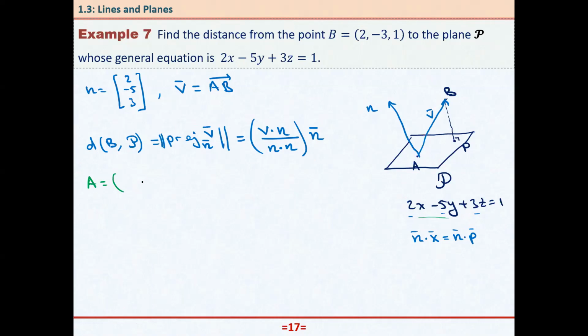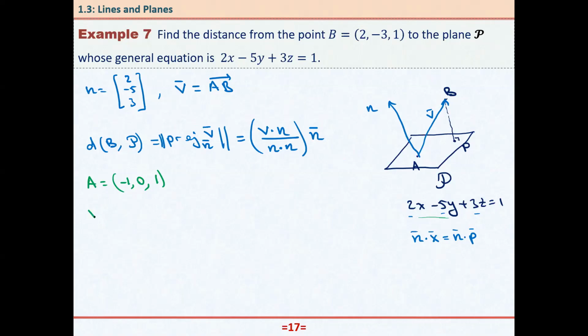So I can choose, let's say, (-1, 0, 1). If you substitute here, 2 times -1 is -2, -5 times 0 is 0, 3 times 1 is 3. So -2 plus 3 is equal to 1. So it satisfies this equation. That means this point belongs to the plane.